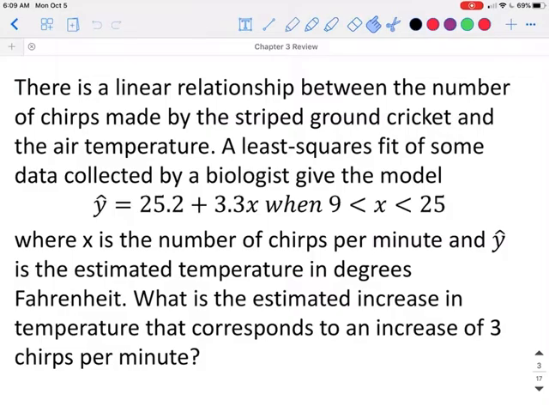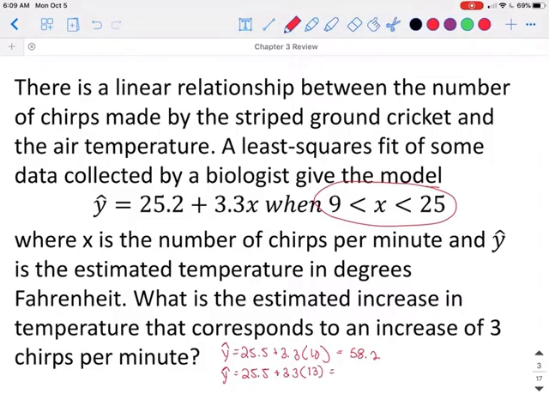So we need to find two different x values that increase by 3. Now, if you notice, our equation only works when x is between 9 and 25. So if we find our y hat for when x is 10, and we need to find it for 3 more than that, which will be 13, we can then find the difference between those two values.